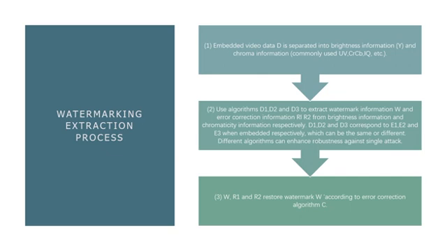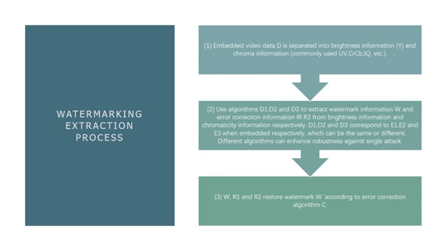Okay, after embedding, we still need the extraction. In the watermark extraction process, the first step is that the embedded video data needs to be separated into the brightness information Y and the chroma information, the same as the embedding step. The second step is to use the algorithms D1, D2, D3.